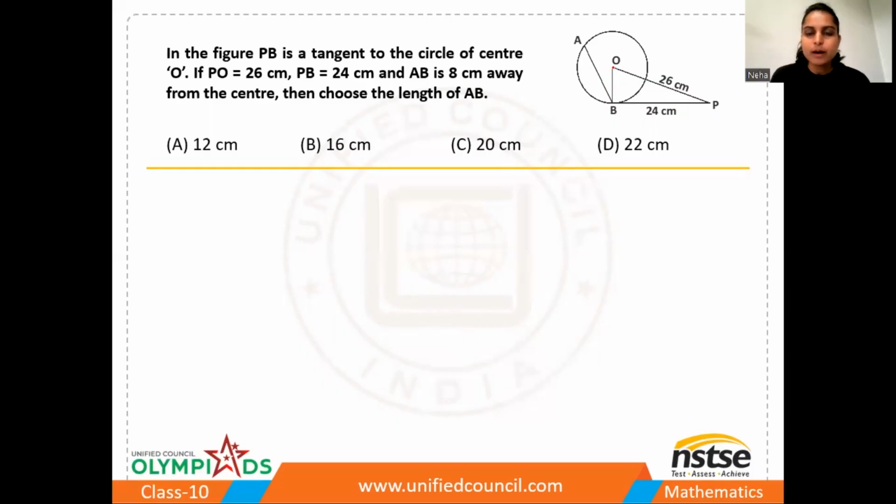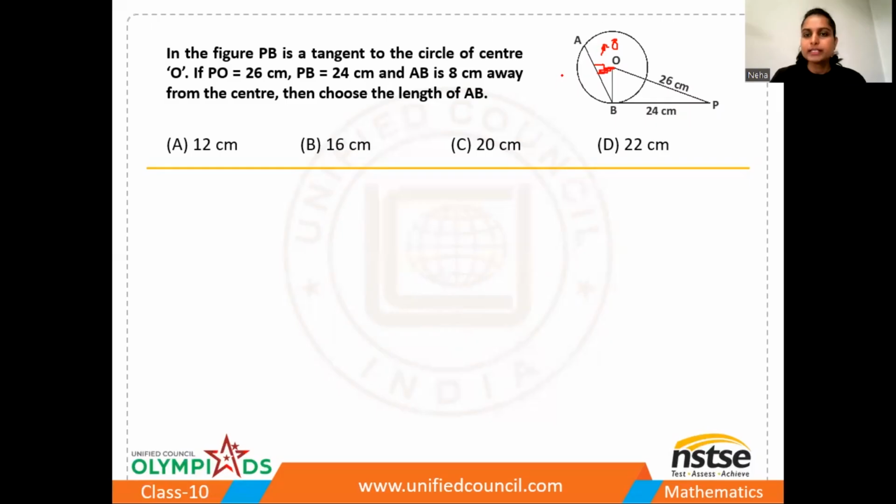That means the perpendicular distance of AB from the center O is given, which is equal to 8 centimeter. And if this is the perpendicular distance, then this is 90 degrees angle.